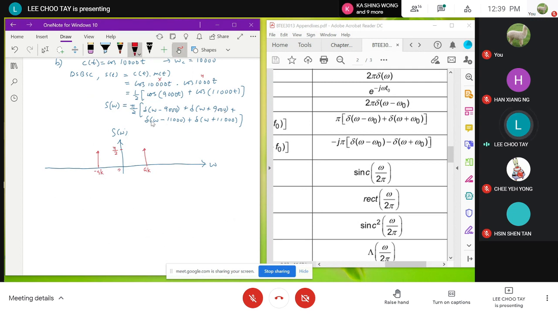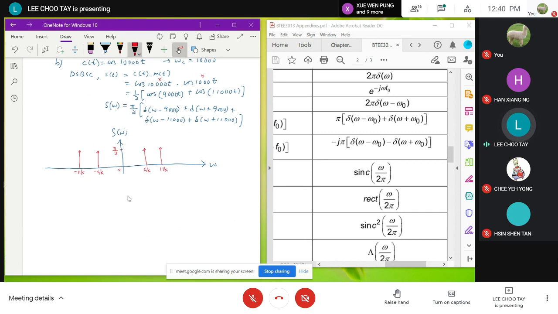And then this one will be the positive 11K, not to scale, and the other one will be at negative 11K. So these are the spectrum of the double sideband suppressed carrier signal.